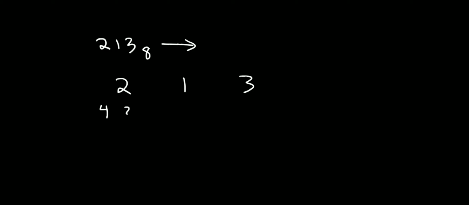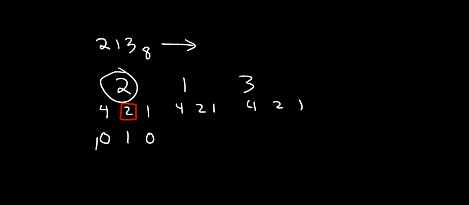So it is 4 2 1, it is also 4 2 1, and this 3 also 4 2 1, because this is the representation of 3 bits. Now how will we get 2? We will simply get 0 1 0. How will we get 1 in the next number?